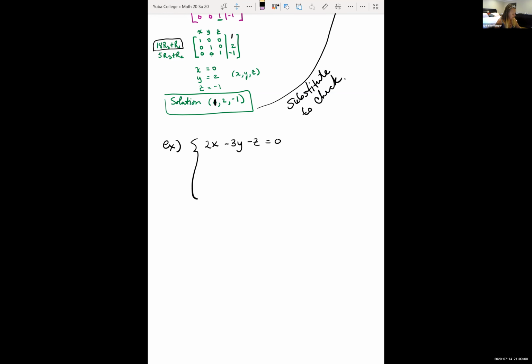Then we have negative x plus 2y plus z equals 5. And then we have 3x minus 4y minus z equals 1. Okay, so I'm going to go back and just look. 2x minus 3y minus z equals 0. Negative x plus 2y plus z equals 5. 3x minus 4y minus z equals 1.